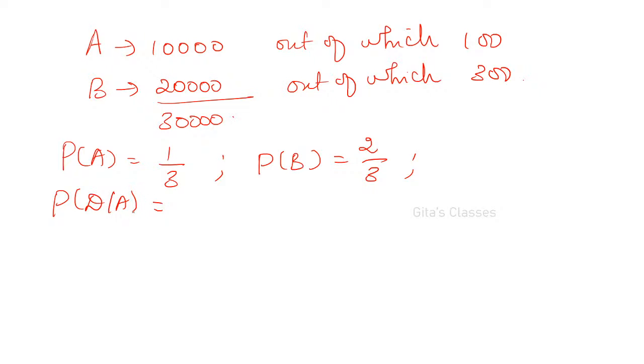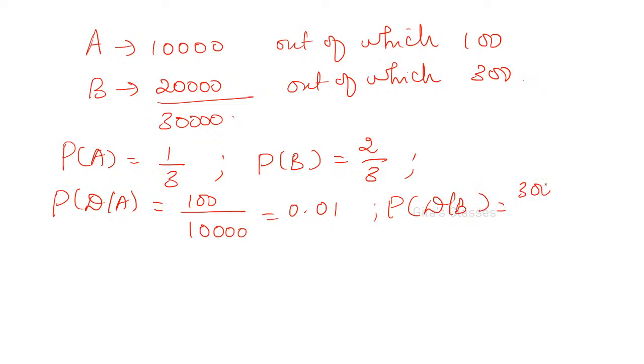That is, you are selecting A and you are considering all the defective products in that. So, P of D given A is 100 by 10,000. It is 0.01. Similarly, P of D given B is equal to 300 divided by 20,000. That is 0.015.